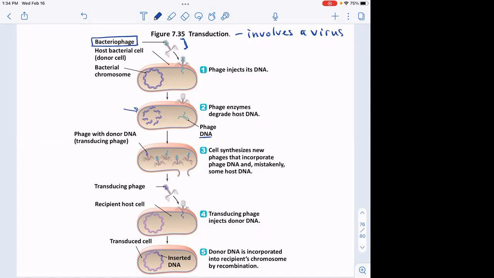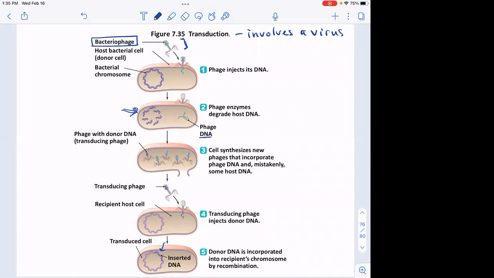And then when it lands on another cell, if it does a different kind of replication that we'll talk about later, it could actually integrate some of that DNA from the old cell into the new one. So it could actually change the phenotype perhaps of that new bacterial cell.